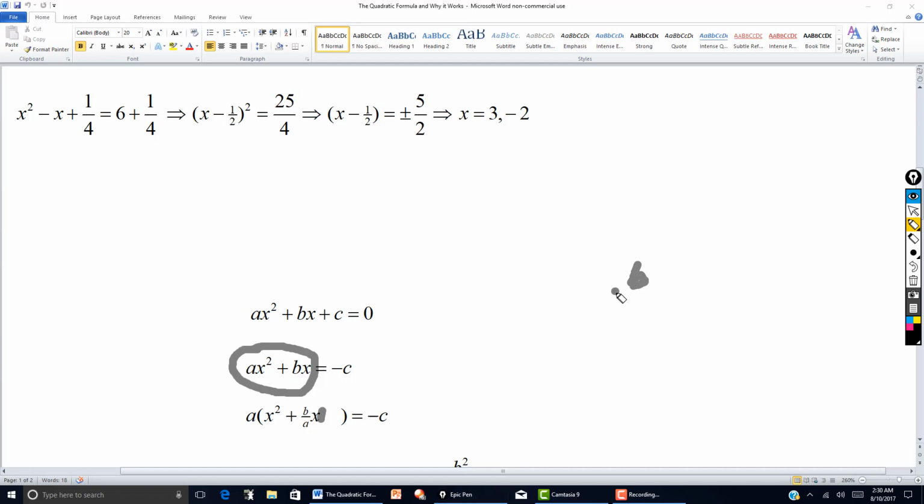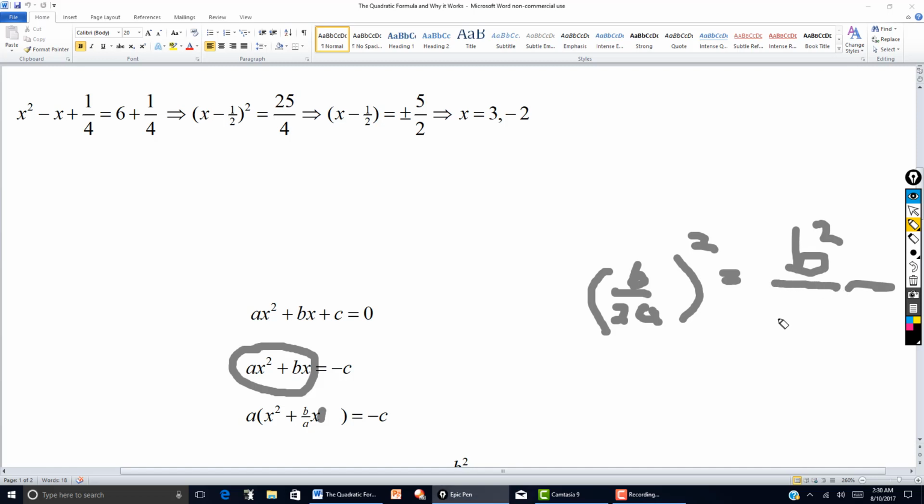Half of b over a is b over 2a, and then I square that, which gives me b squared over 4a squared. If I add that to the expression x squared plus b over a x, that will complete the square.